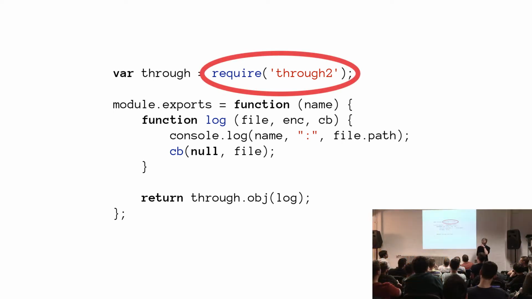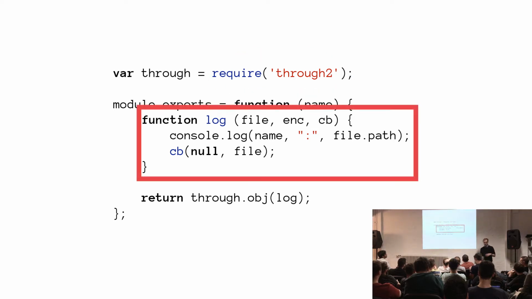What we have first is through2. This is a library that is a wrapper around the streams API from Node, because that API is a little bit messy and complicated in some cases. So this is just a wrapper around it, so that we don't have to worry about the problems of the Node streams API.